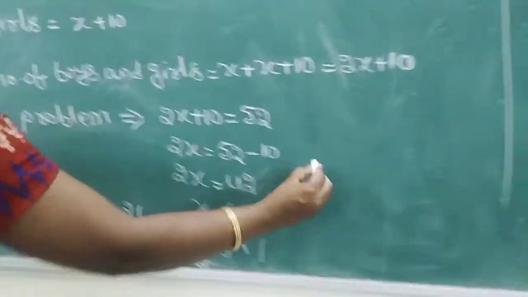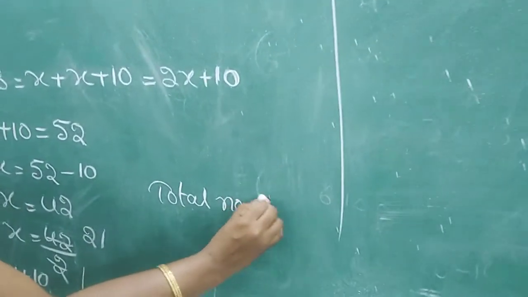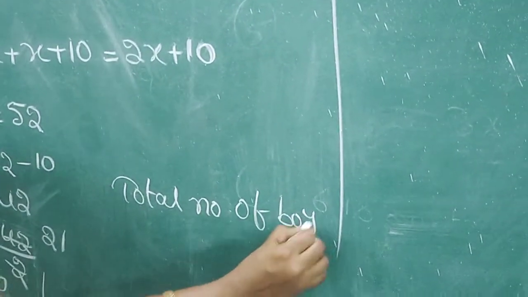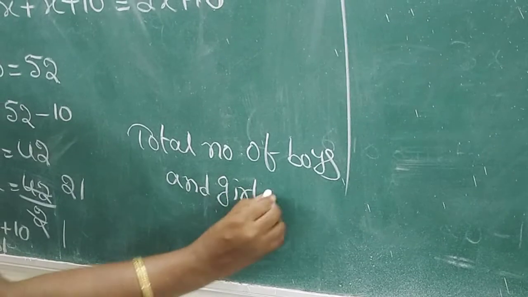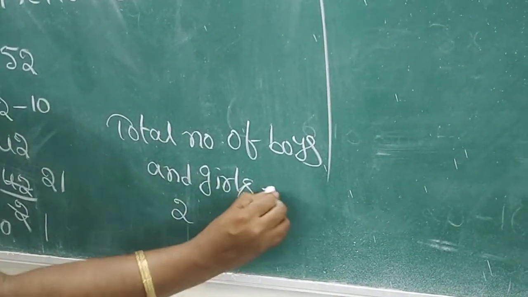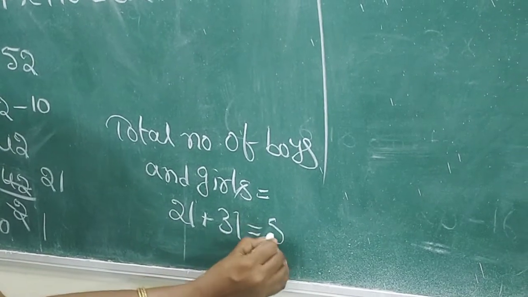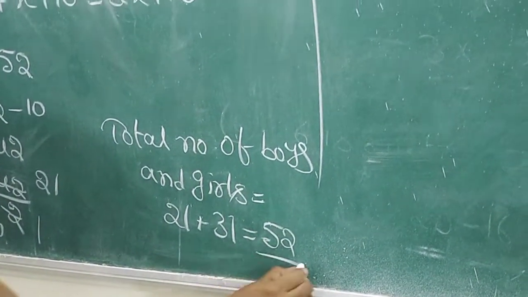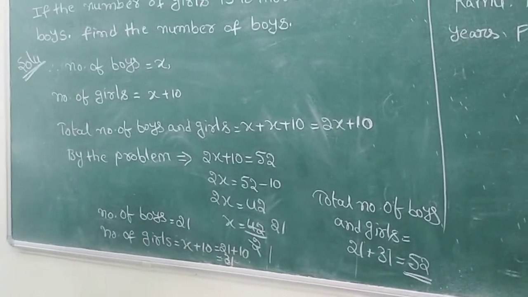Total number of boys and girls is 21 plus 31, that is 52.